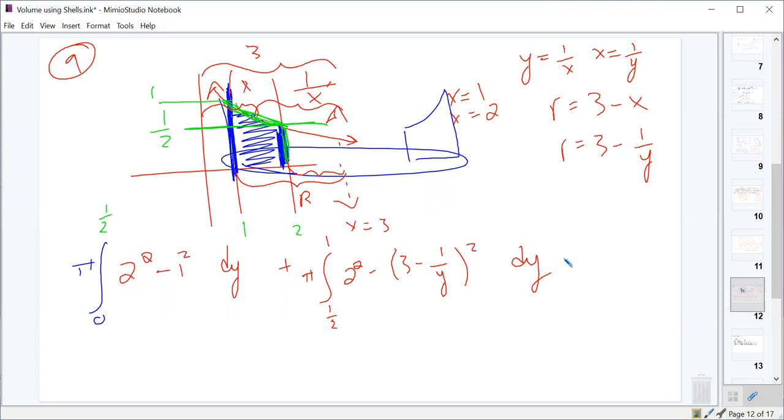My guess is that they would not put this on the AP test. I don't want to say they won't, because there are times where they put integrals on where you have to break it up into multiple different integrals. Usually they do not on the AP test.